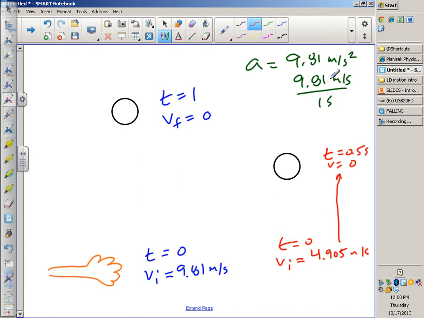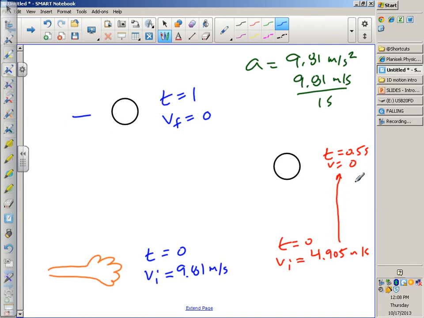Now, here's the next question. When the blue one is up here, where's the red one end up? Logan says back at my hand. Because, Logan, how much of this did it change in half a second? Half of the 9.81, right?